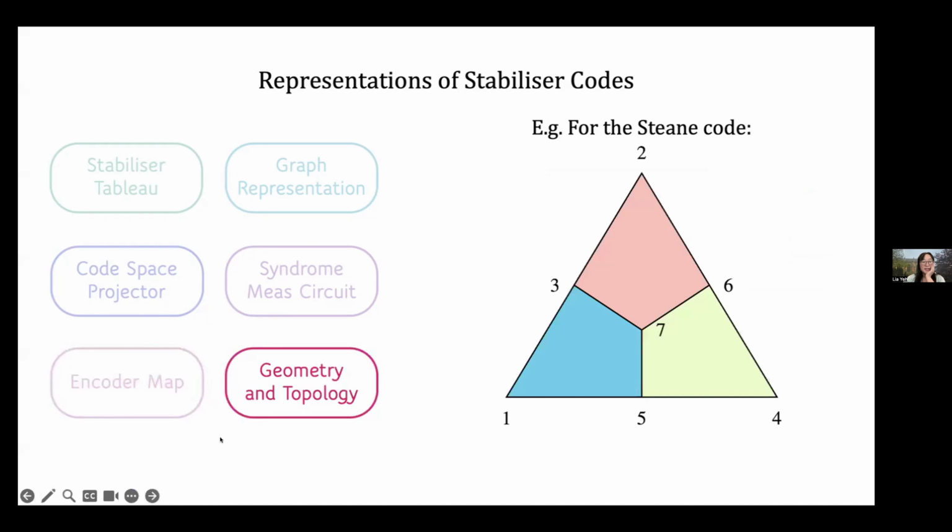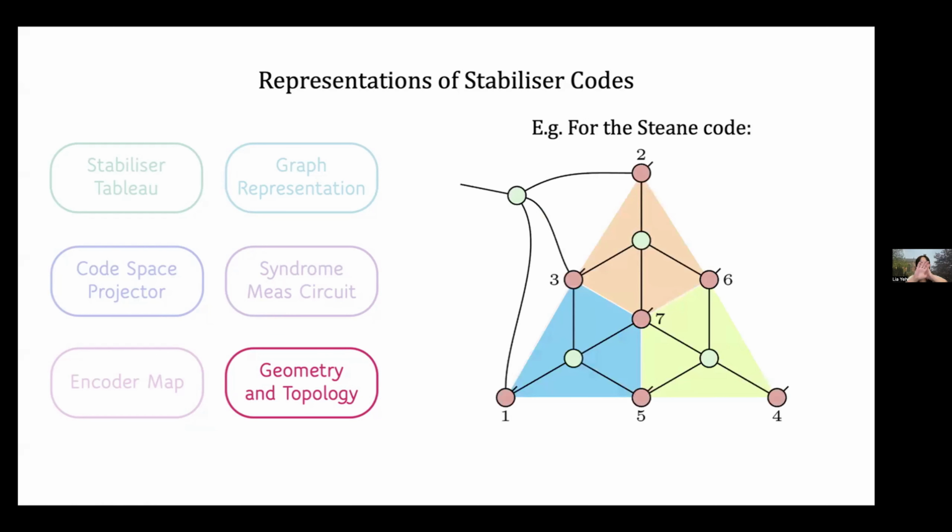And lastly, this is maybe just to help connect the dots, but we don't say anything more about it in this talk. When you have code geometry and topology, it often means there's some kind of geometric or topological description. It might be that on the edges or on the nodes or on the shaded regions, there'll be some X or Z checks, describing how those checks are. This is really convenient to do with the ZX calculus because you can just overlay a ZX diagram with that precise connectivity to be those checks.